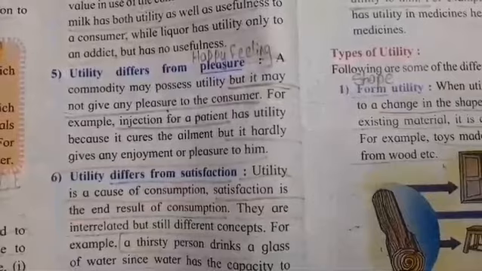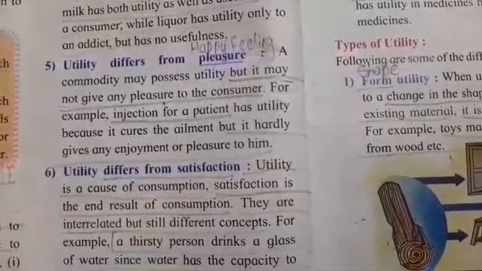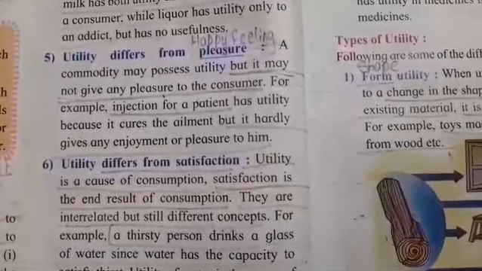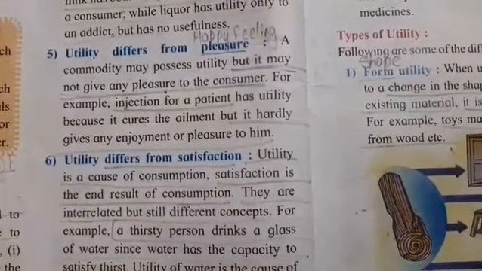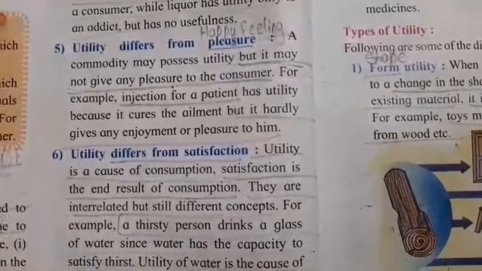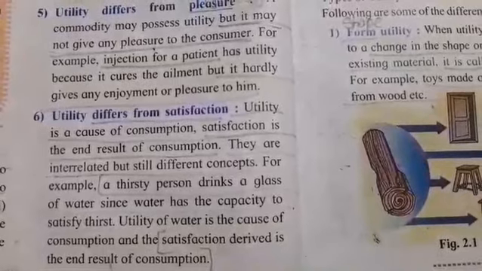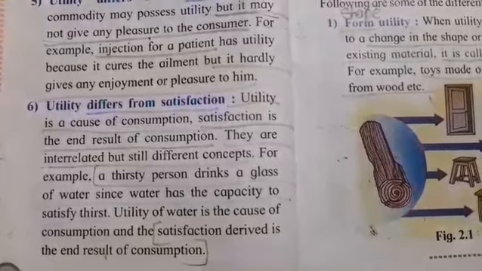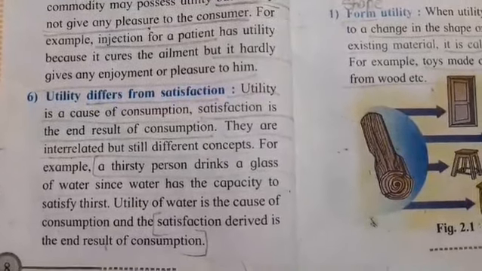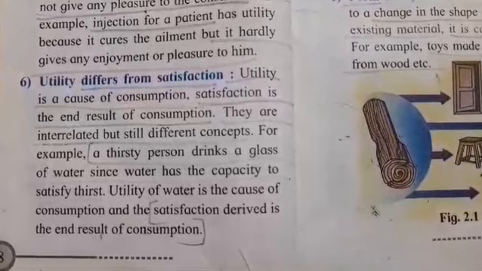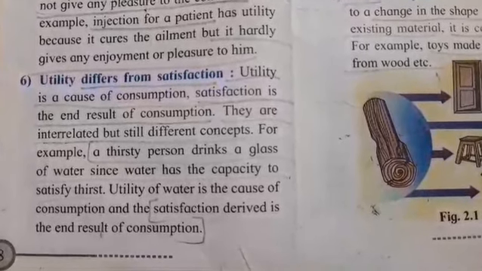Fifth, utility differs from pleasure. A commodity may possess utility but it may not give any pleasure to the consumer. For example, an injection for a patient has utility because it cures the ailment, but it hardly gives any enjoyment or pleasure to him. Sixth, utility differs from satisfaction.